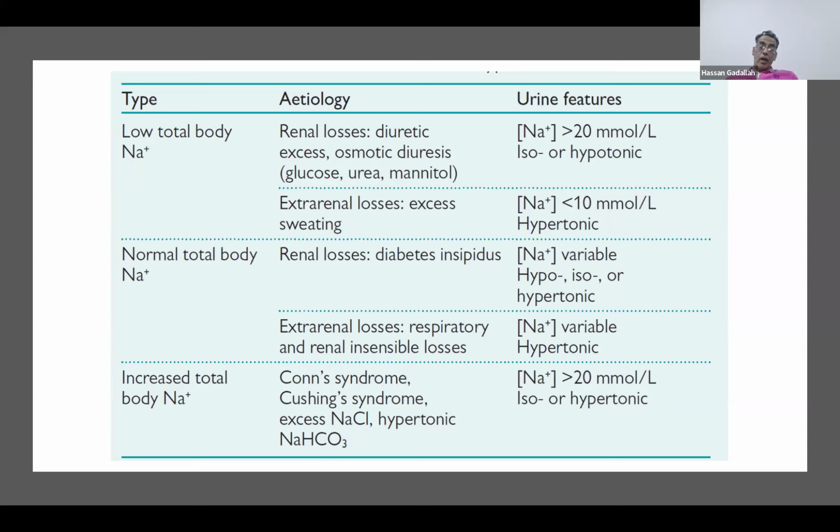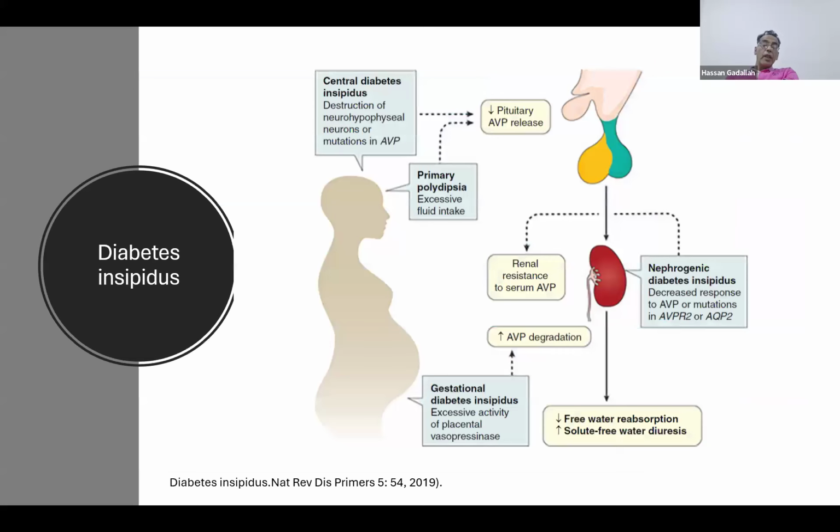And we know that mineralocorticoids and glucocorticoids finally lead to retention of sodium by the kidney. And in such cases, we'll find that the sodium in urine is more than 20 millimole per liter.